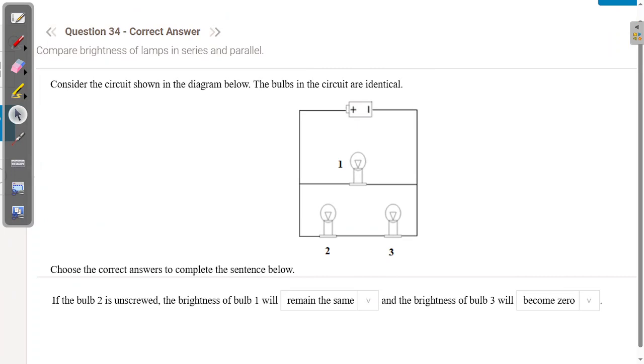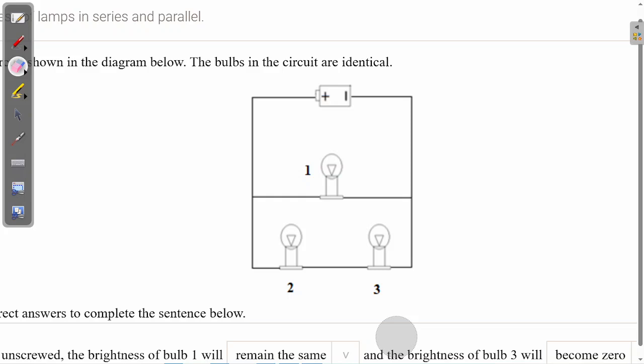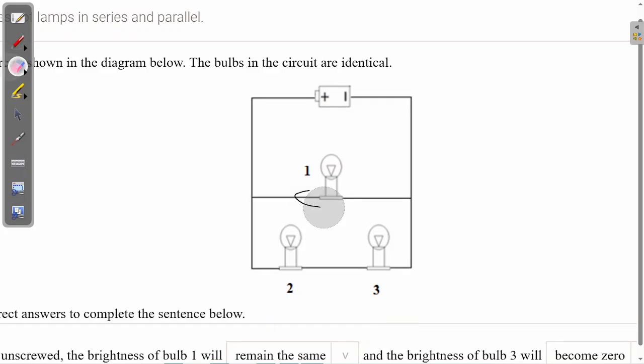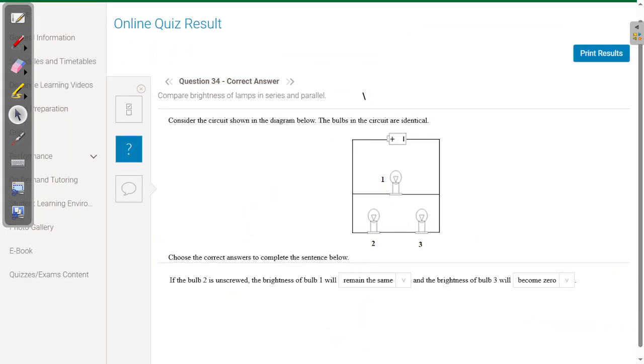Okay, if bulb 2 is unscrewed, the brightness of bulb 1 is still the same because they're not in series with each other. Okay, and 3 will become 0, of course, obviously.